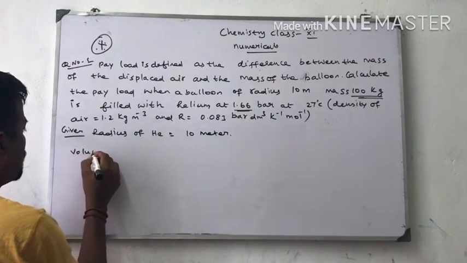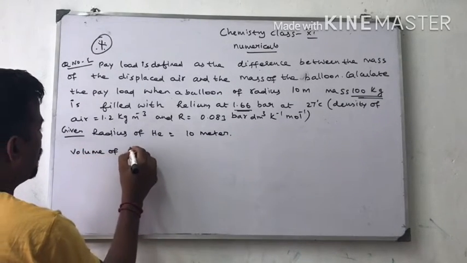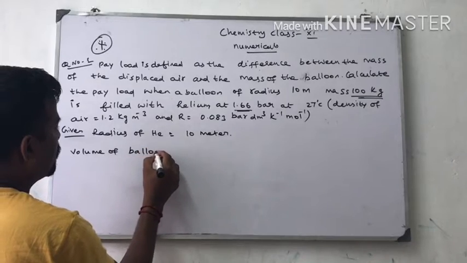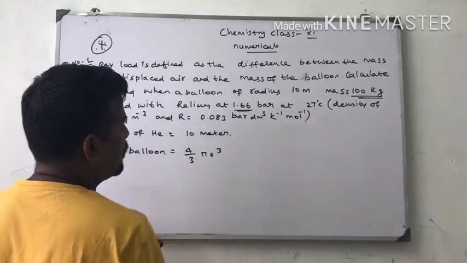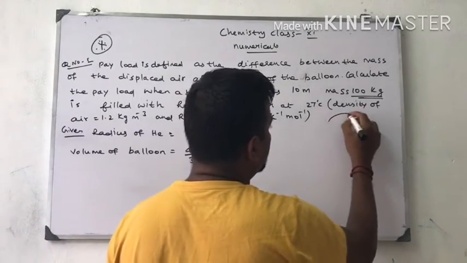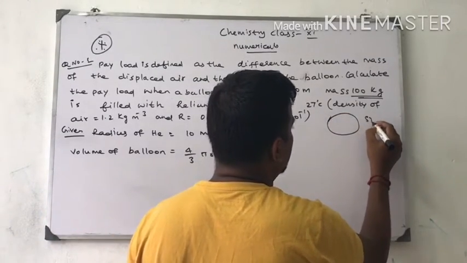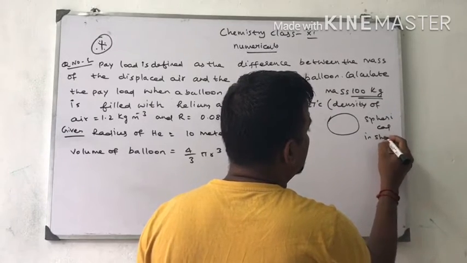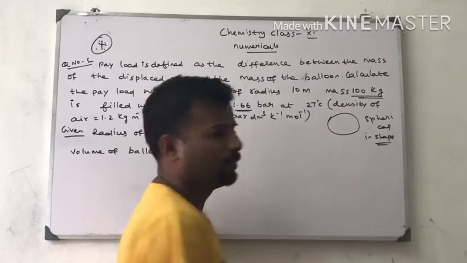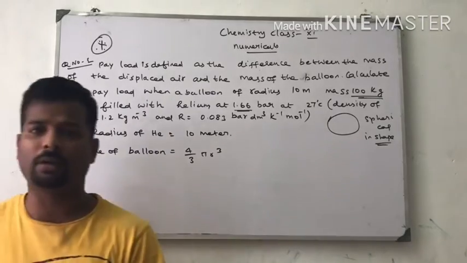Next step, we are going to find the volume of the balloon. Volume is 4 by 3 pi r cube, because the balloon is spherical in shape. We know that the volume of a sphere is equal to 4 by 3 pi r cube.